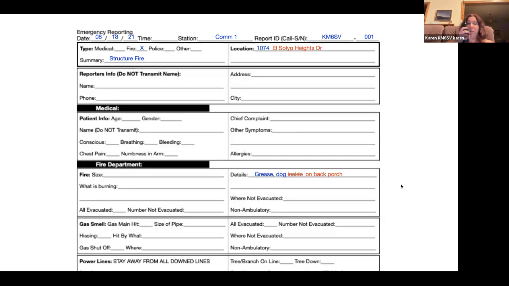Net control, COM1, emergency traffic. This is net control. Go ahead. I have a structure fire at 1074 El, I spell Echo Lima, Sollo, I spell Sierra Oscar Lima Lima Oscar, Heights, I spell Hotel Echo India Golf Hotel Tango Sierra, Drive in Felton.